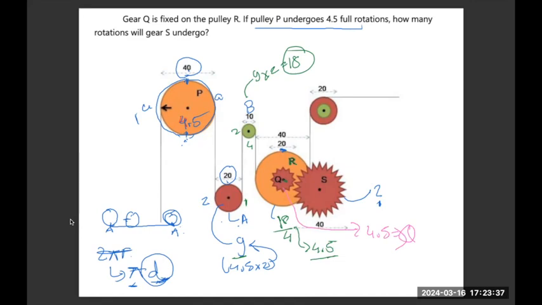So there is a 2:1 ratio, and Q is undergoing 4.5 rotations, so I have to divide it by 2. 4.5 divided by 2 is equal to 2.25 rotations, which is what S will undergo. If P is undergoing 4.5 rotations, after this whole relationship, we found that S will undergo 2.25 rotations.